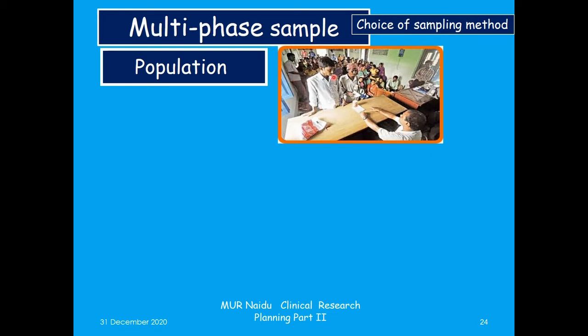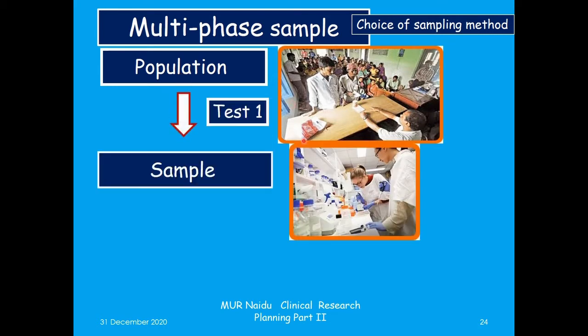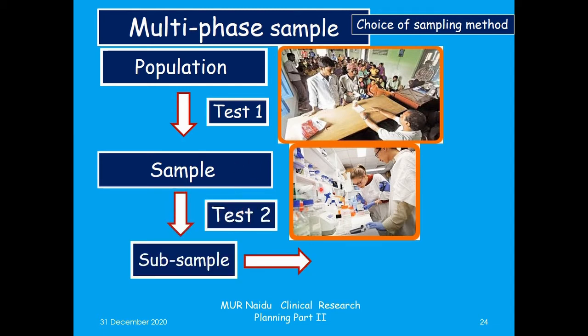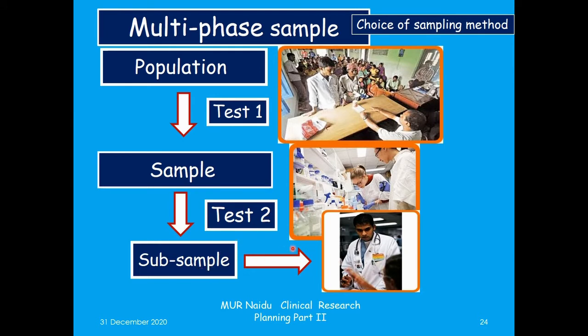Then, depending on our inclusion-exclusion criteria, we do a particular test to identify the samples, those who are fulfilling our criteria, and then we divide them into subsamples depending on the various types of investigations and tests which are carried out. And this is the way we do multi-phase sampling.